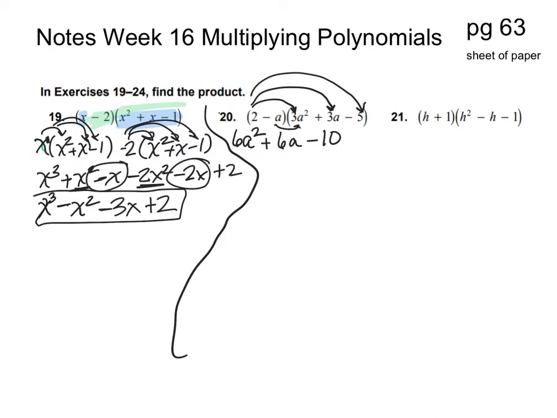Negative a times 3a squared is going to be negative 3a cubed. Negative a times positive 3a is going to be negative a times positive 3 is negative 3a squared.